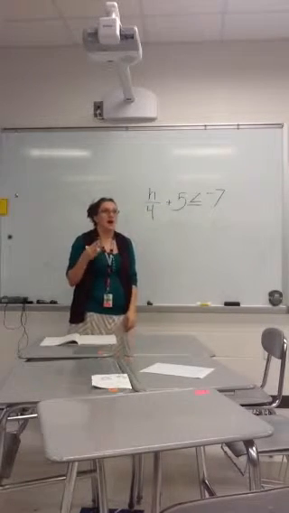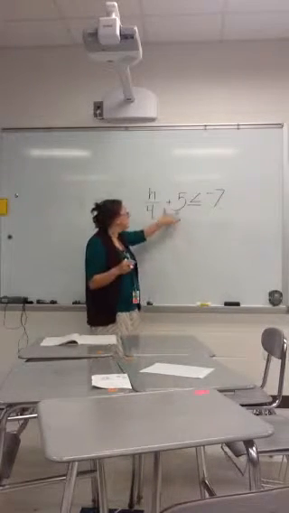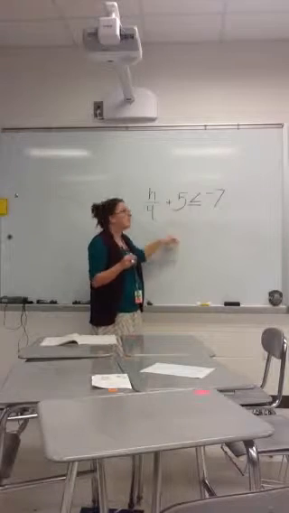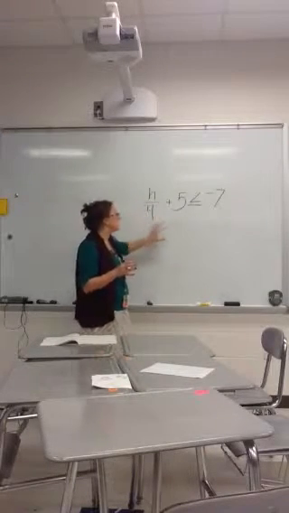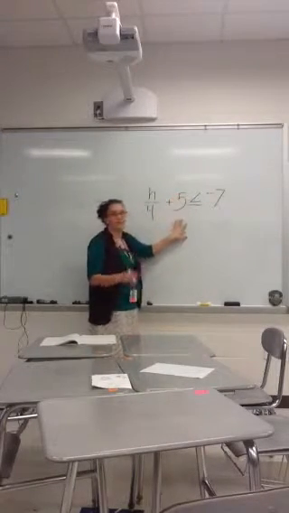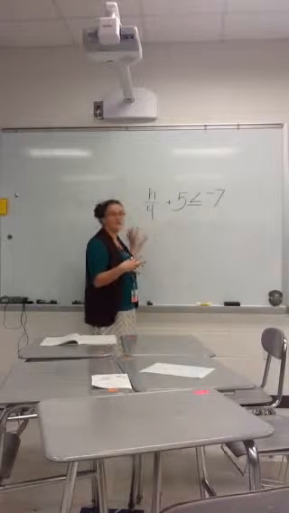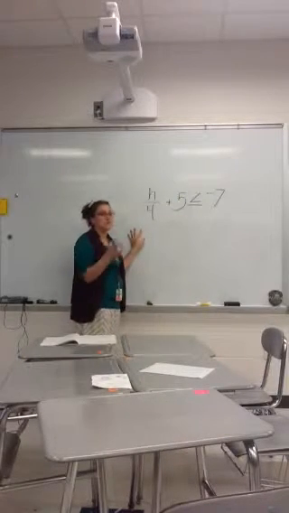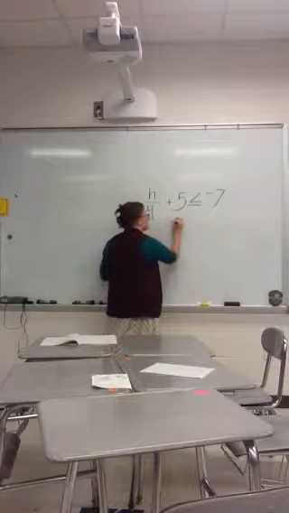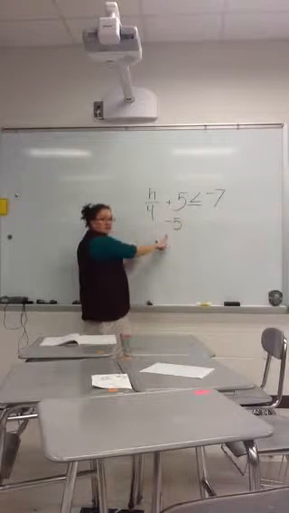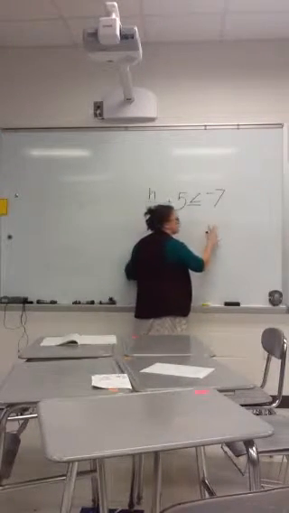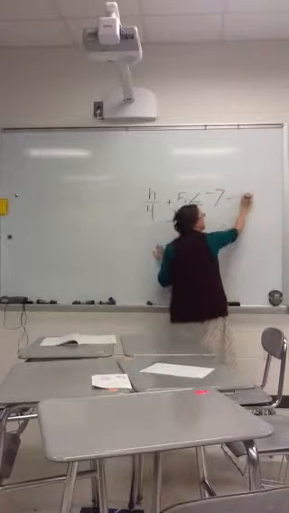The first thing we need to do to isolate the variable is to get rid of the number that's by itself. So by doing that, we're going to look at the 5. Since we're adding 5 on this side of the inequality, we're going to subtract 5 from this side. And what we do to this side of the inequality, we must do to the other. So minus 5.